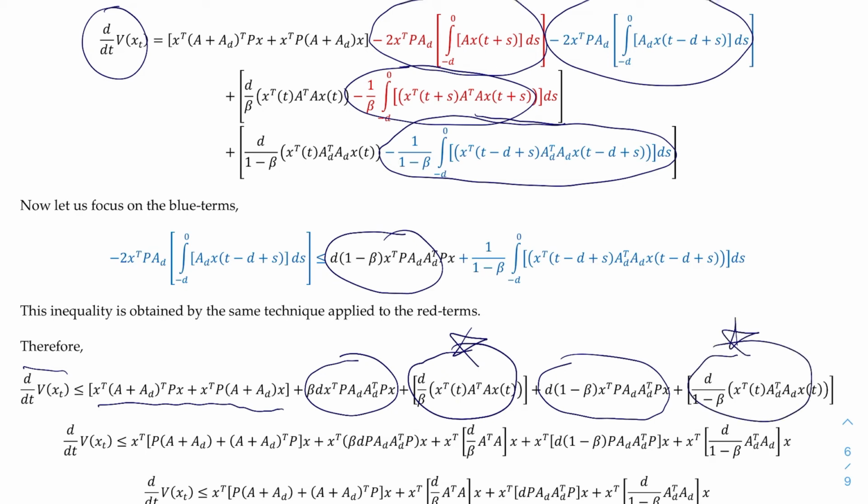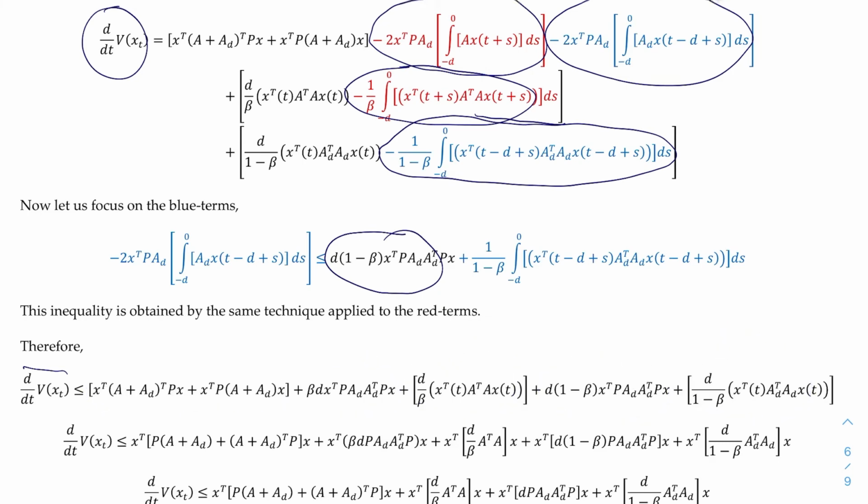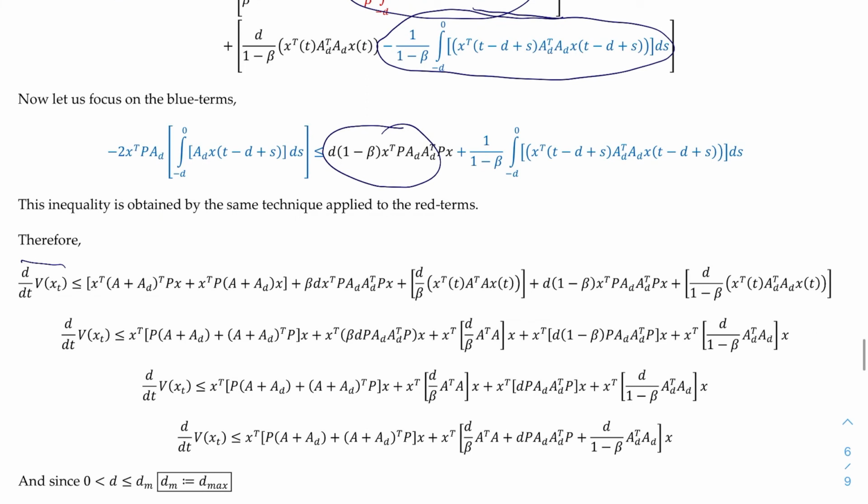You kind of realize that each expression is sandwiched between x transpose and x, right? We are going to collect them. And before doing that, check this expression and this expression, right? They kind of cancel each other out, and we have that.